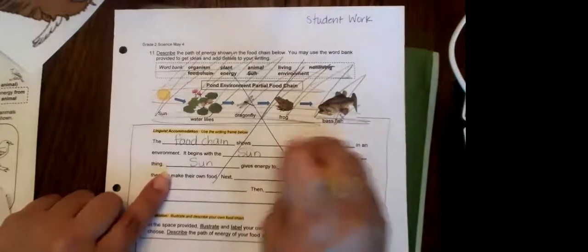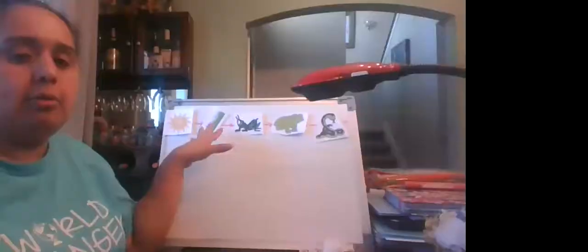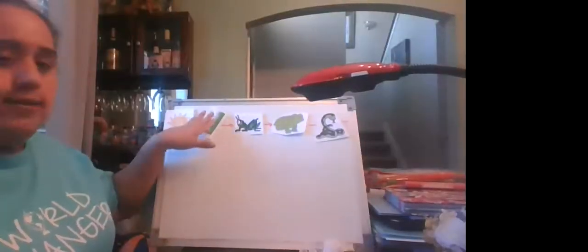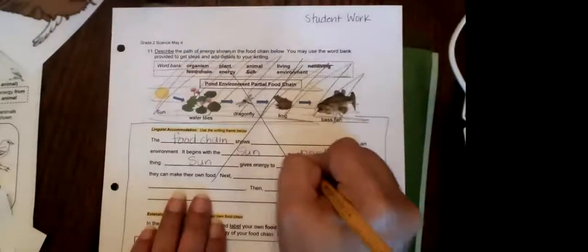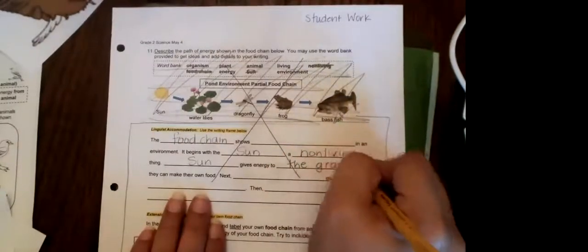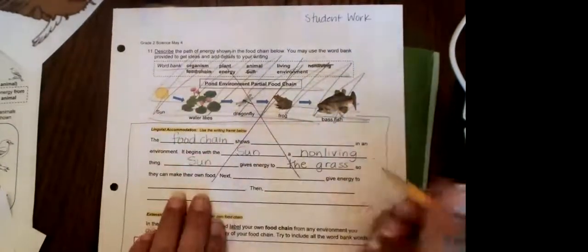Oh, but my plant is grass. Remember, I have grass up here on my picture. So the sun gives energy to the grass, so they can make their own food.